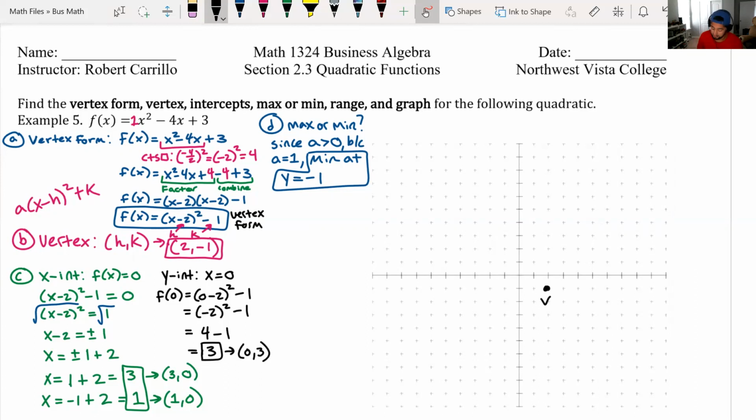So let's plot those. 1, 2, 3, 3, 0, and 1, 0. Okay, those are my x-intercepts. And the last point we have is the y-intercept, which is at 0, 3.